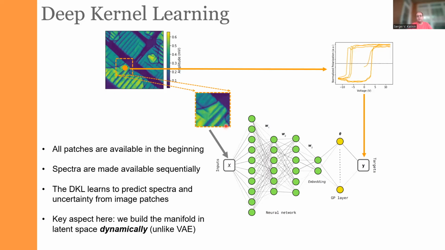And from the physical viewpoint, it implicitly suggests that there is a correlation between the local structure and the functionality of interest, and this correlation is strong. At the same time, we implicitly assume that there is, let's say, no correlation between the hysteresis loop area here and the domain structures over here.